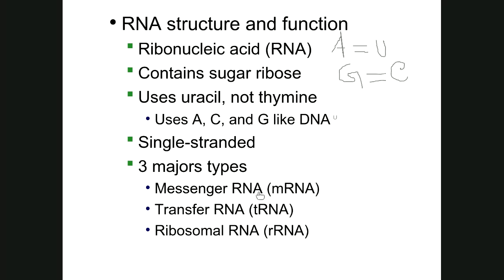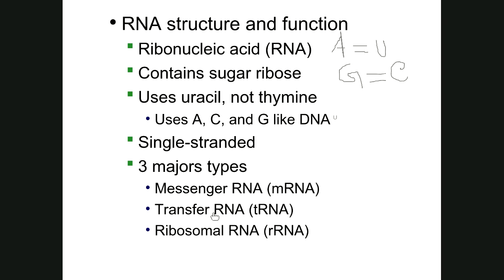So these 3 types of RNA are used for this protein synthesis. The first RNA called messenger RNA. What is the function of messenger RNA or mRNA? Then we will know the other types of RNA.